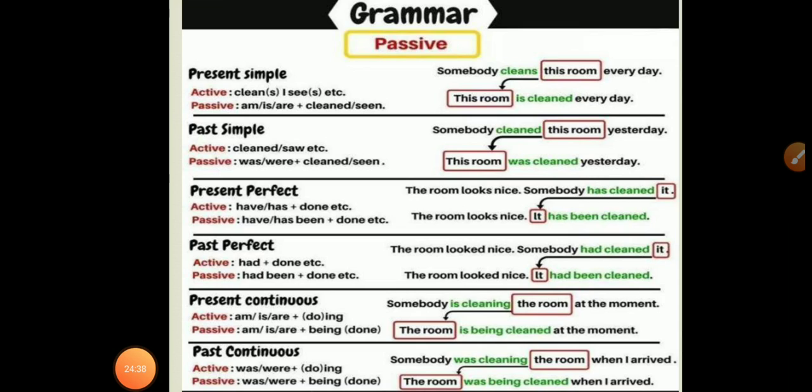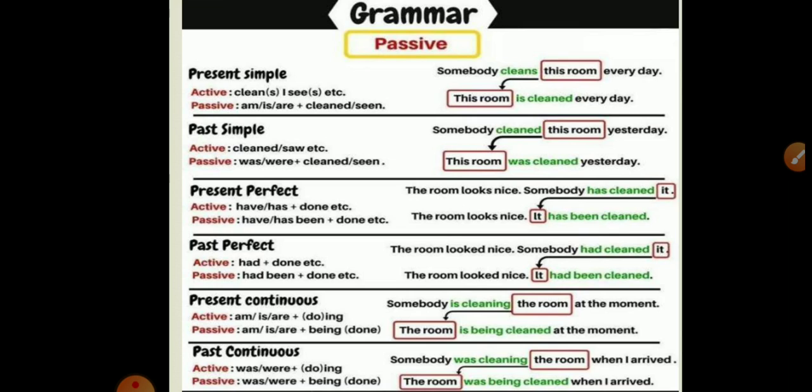Here are few examples of active and passive voice. In the active, present simple, somebody cleans this room every day. Now we do not know who has cleaned it. So in the passive voice, this room is cleaned every day by somebody.